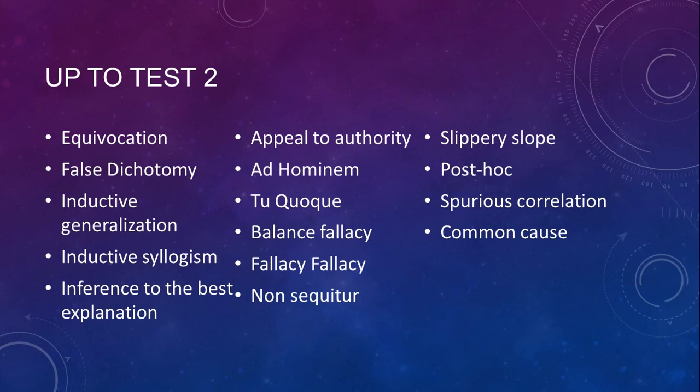Okay. Spurious correlation. What's that one? It's kind of like post hoc, actually. It's slightly more specific. Two things have the same correlation, but that doesn't mean that they're related. Right, exactly. They can be correlated, but not causally correlated, right? So you can have two things that are tracking each other really well, but nonetheless are unrelated.